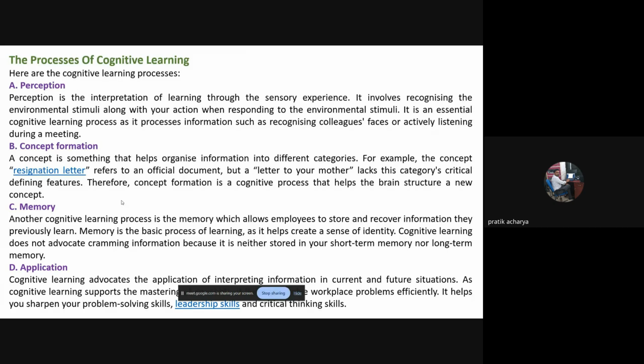If we are moving to an office, schools, colleges, concept information in cognitive action.